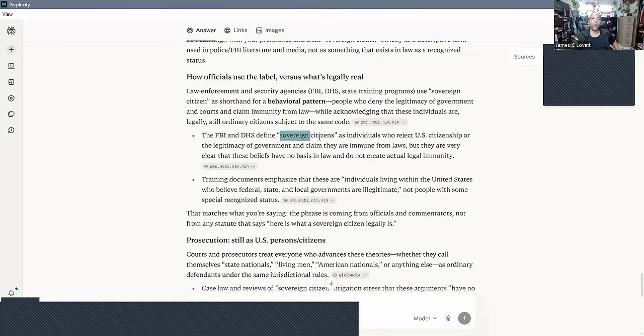But there are bad people out there who are against that and cannot live any other way other than being belligerents, combatants, thieves, criminals, etc. But at the end of the day, even though they want to call them sovereign citizens, they're still U.S. citizens, and that's how they are prosecuted. There is no such thing as a sovereign citizen. It doesn't exist in law.